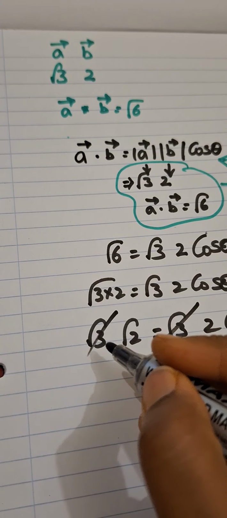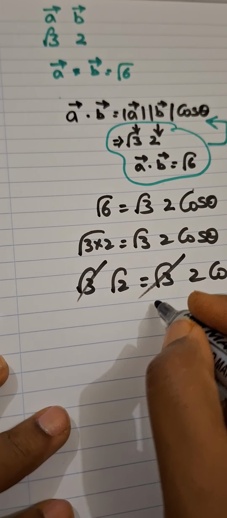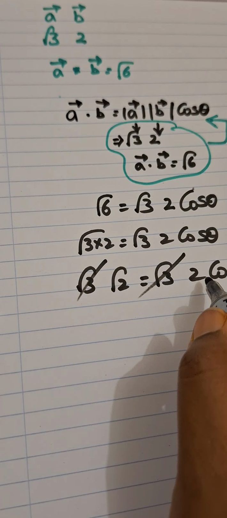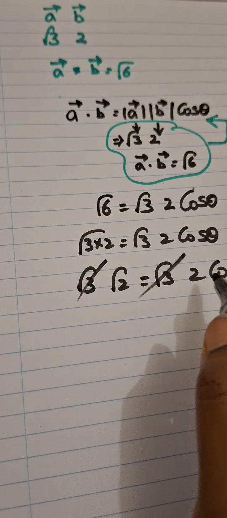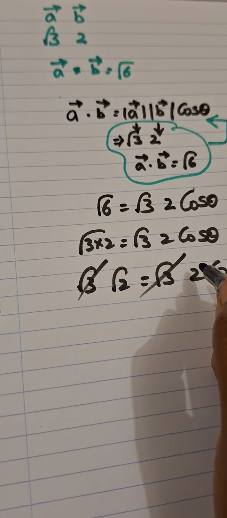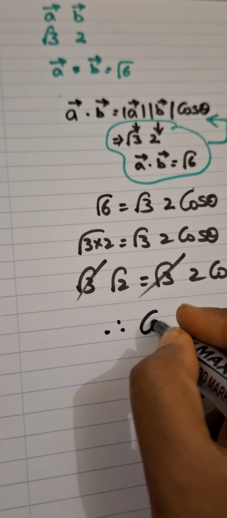So root 3 I can eliminate on both sides, right? Cancelling the common terms on both sides, we get root 2 equals 2 cos theta.